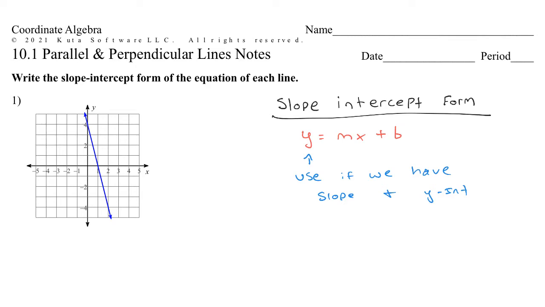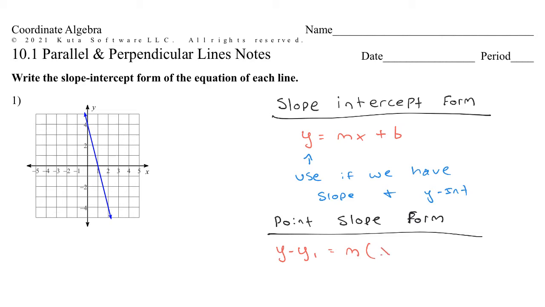The other formula that we're going to use is point slope form. Point slope form is this: y minus y1 is equal to m times x minus x1.